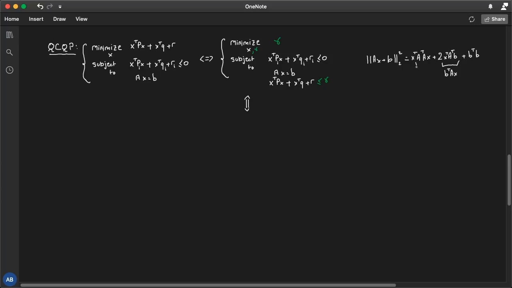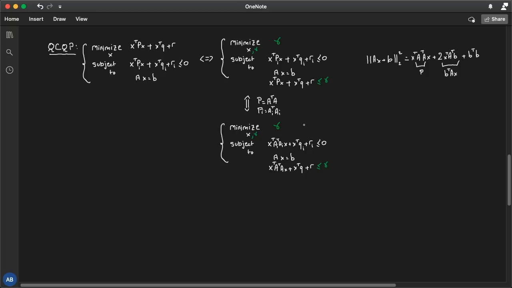So why not pick A transpose A to be my P? By doing this change of variable or change of bases, we're going to express my P as A transpose A, right? And likewise my Pi as Ai transpose Ai, okay? By doing so, we arrive at the following problem.